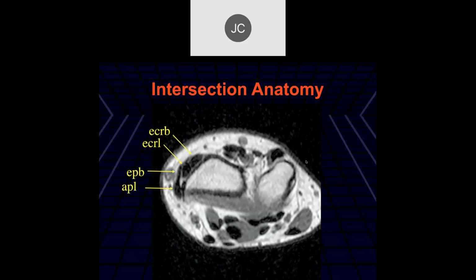That anatomy, if we are proximal from the wrist here, we can see here's the radius, here's the distal ulna, here's the extensor carpi radialis longus and brevis in the second extensor compartment. Here are the 2 major tendons in the first extensor compartment, the extensor pollicis brevis and abductor pollicis longus.